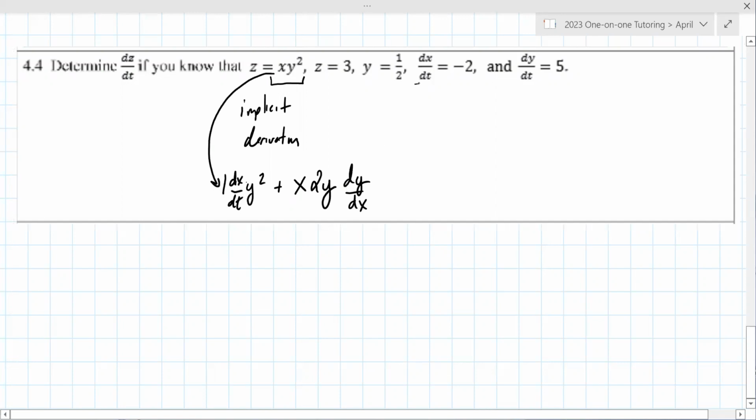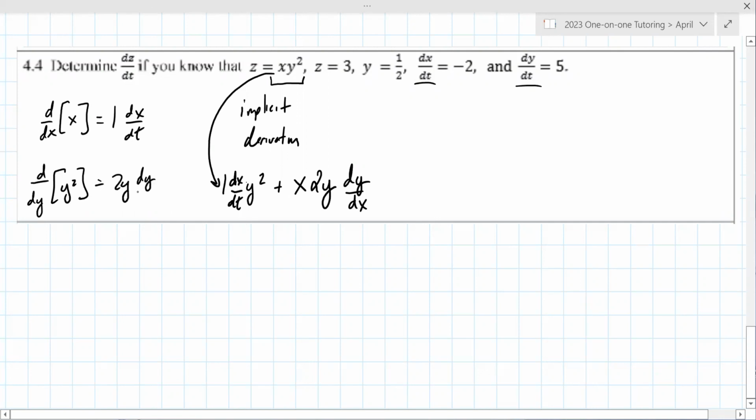That's why they're giving you this dx dt, dy dt stuff. So it's 1 times dx dt. And then the derivative of y squared is 2y dy dt.